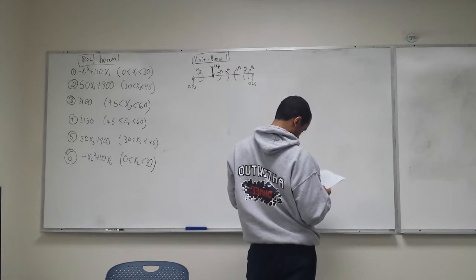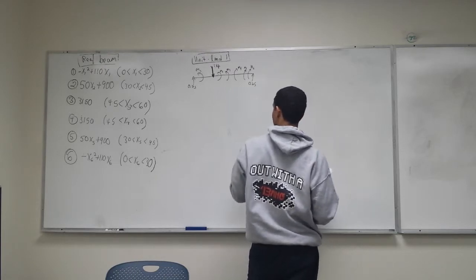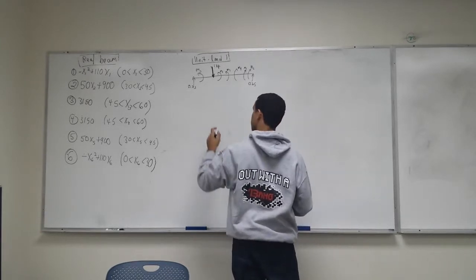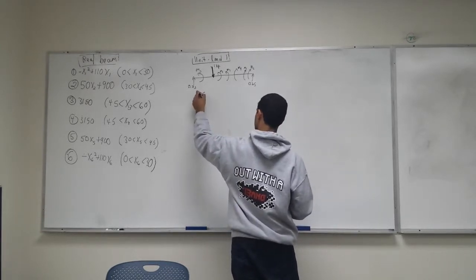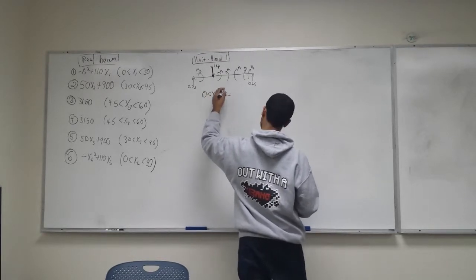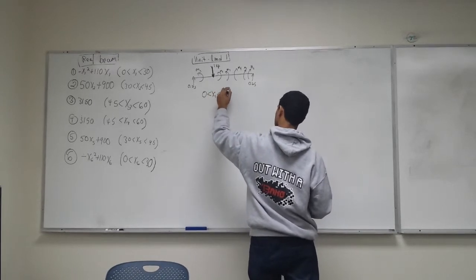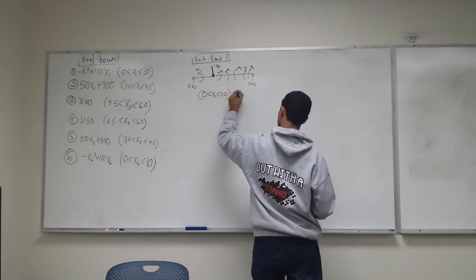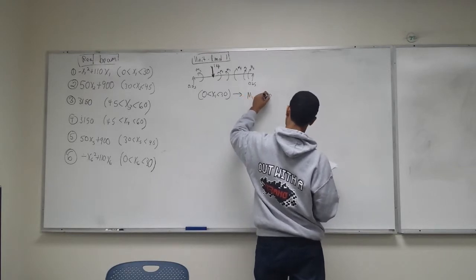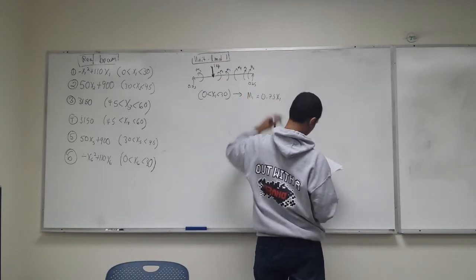So now we write out our simplified expressions. We have from 0 to 30, our expression is moment 1 is equal to 0.75 times x1.